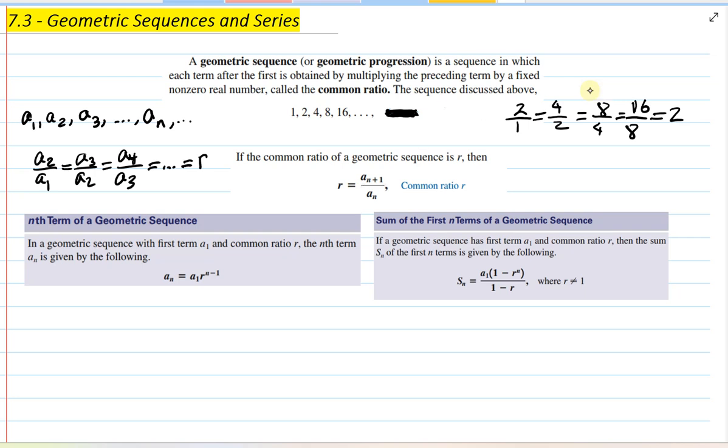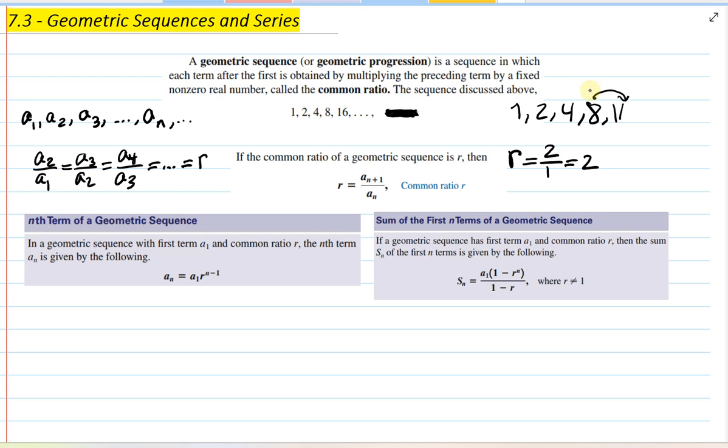Now, one way we can also do this is, let's say I have the sequence 1, 2, 4, 8, and I want to create these other terms. Once we figure out the common ratio R by dividing the second term by the first term, which gives 2, you can multiply the term times 2 to get the next term.